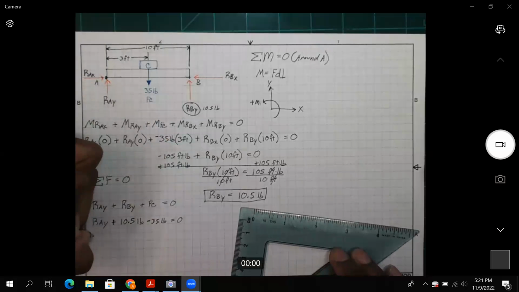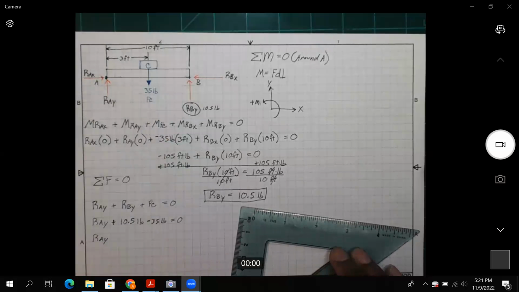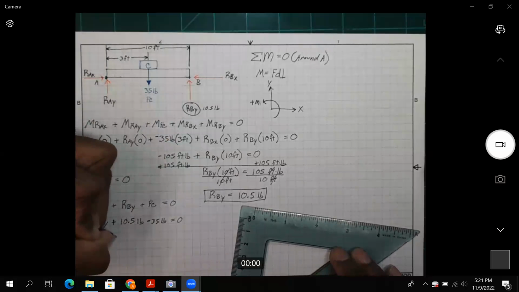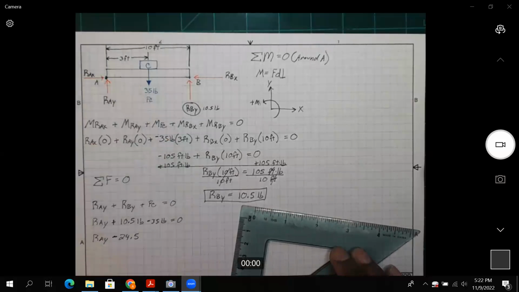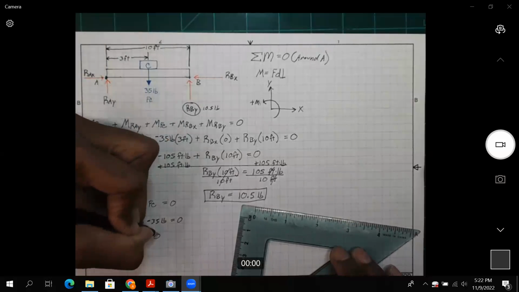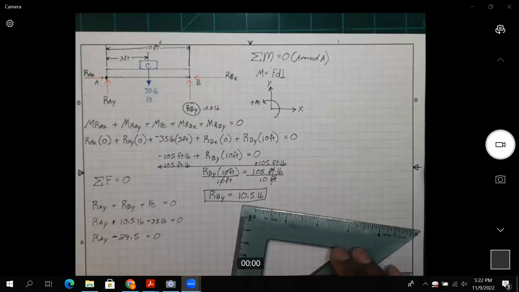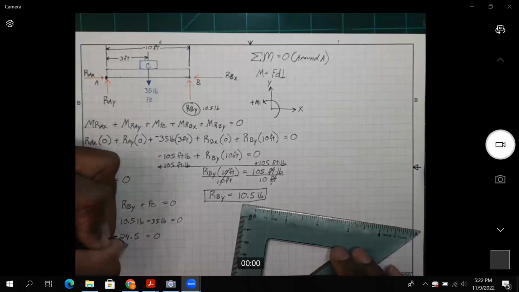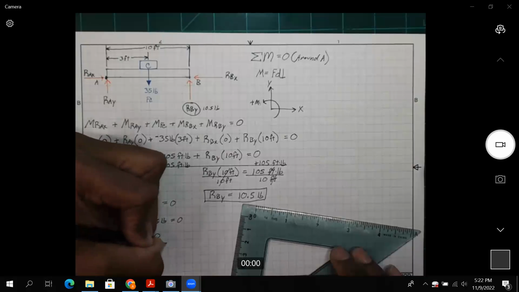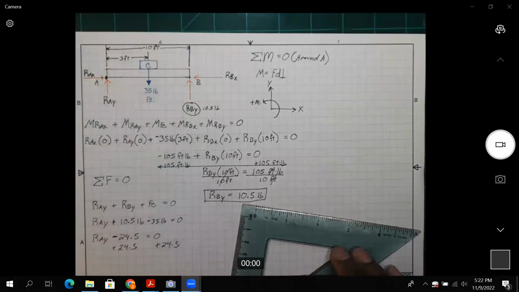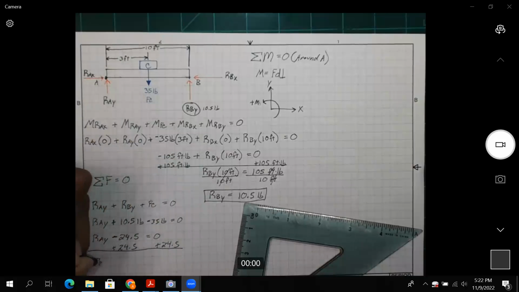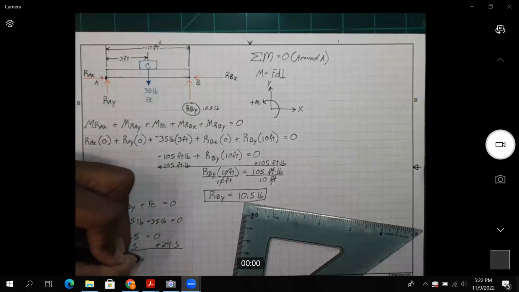Now let's just solve. Reaction force AY minus 24.5 equals 0. Then we can add 24.5 to both sides. And we have reaction force AY equal to 24.5 pounds.